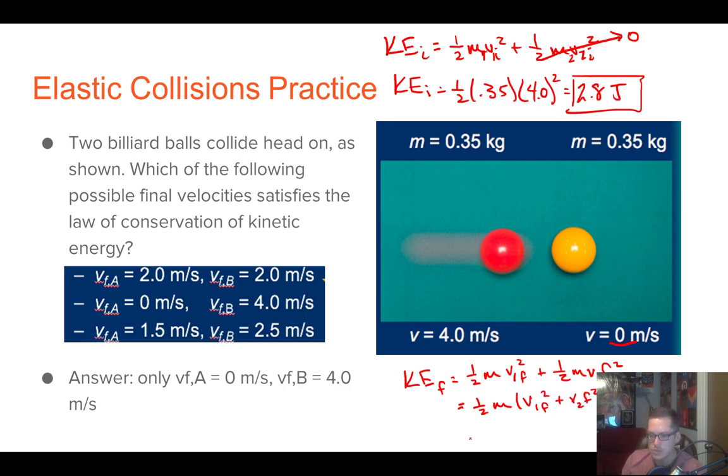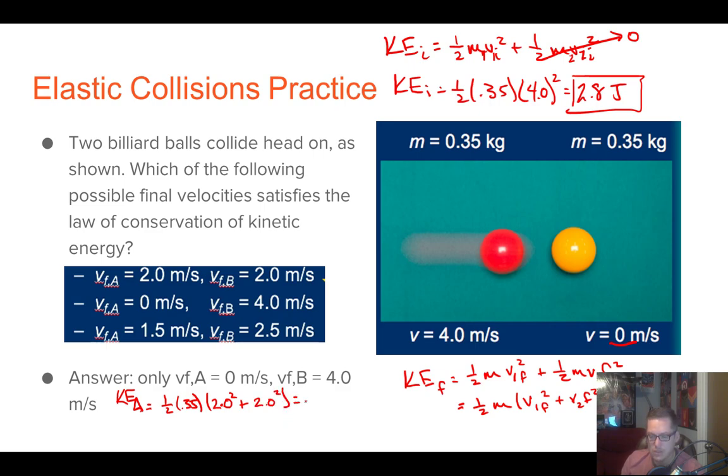Then we just have to plug in all three of these values. For A, I've run out of room here, so we'll label it a little better. Kinetic energy of A would be equal to 1/2 times 0.35 times v1f, which would be 2.0 squared, plus v2f squared, which would be 2.0 squared.